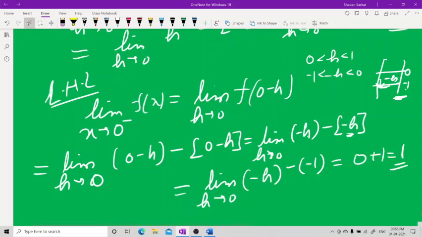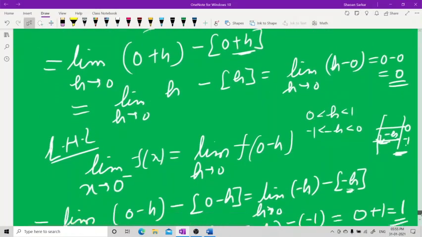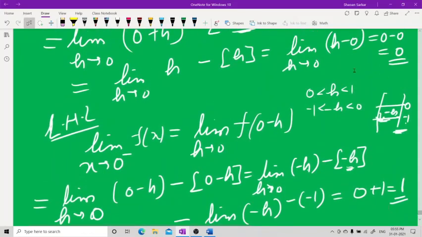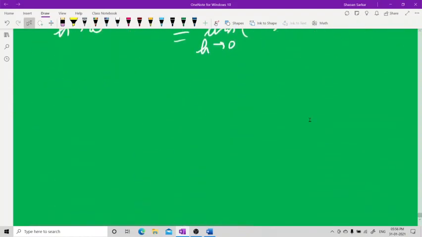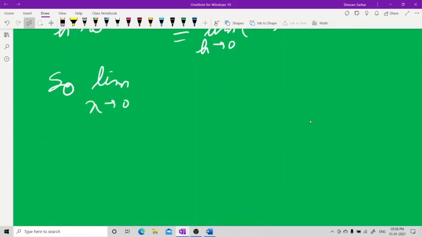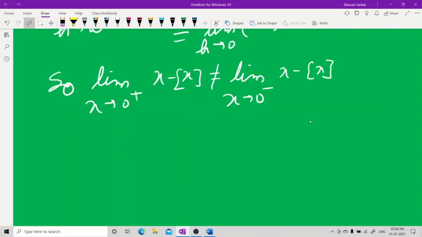See, you are getting 0 here. Wait a minute, we are going a bit fast. Here we got 0, here we got 0, and here we are getting 1. So the right hand limit is not equal to the left hand limit in the case of fractional part functions. So limit x tending to 0 plus of x minus [x] is not equal to limit x tending to 0 minus, one is 0 plus and another is 0 minus.